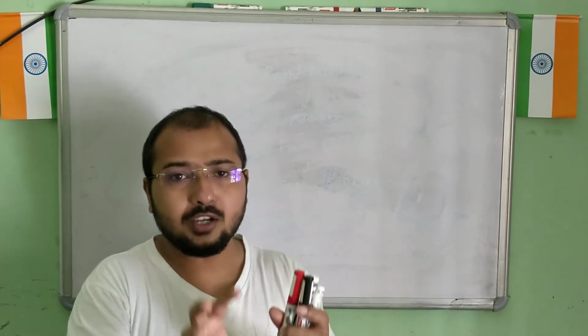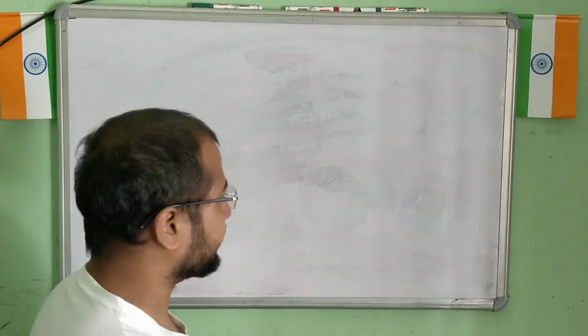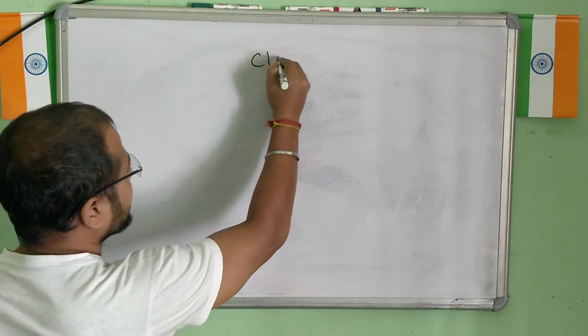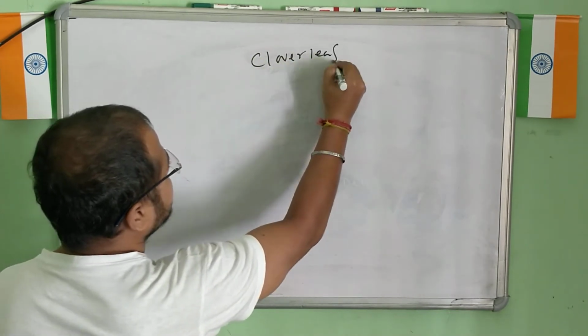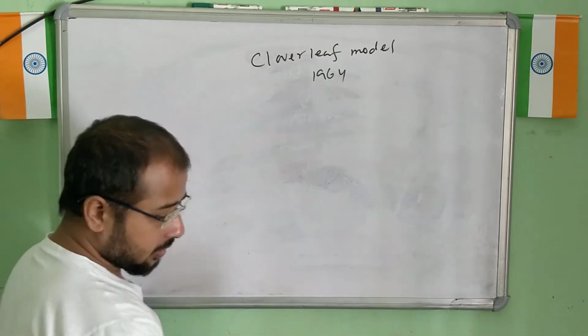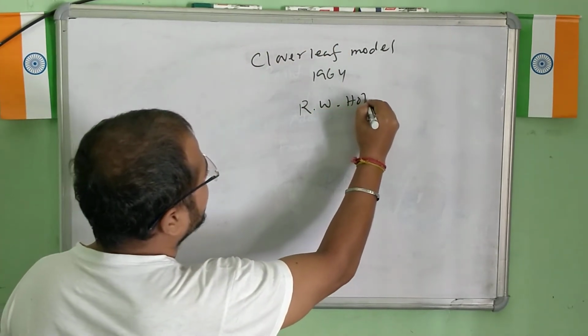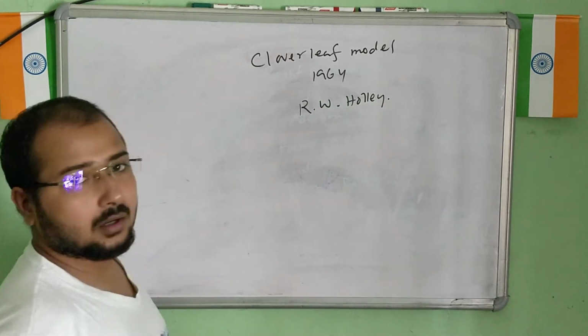This clover leaf model was proposed in 1964 by R.W. Holley.